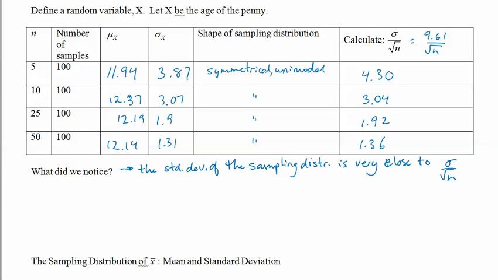And we noticed that all sampling distributions were unimodal and symmetrical, and that the distributions got taller and thinner.